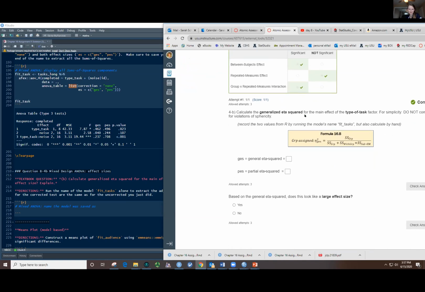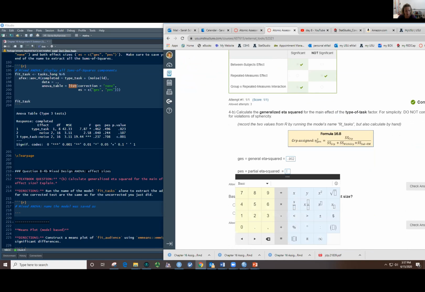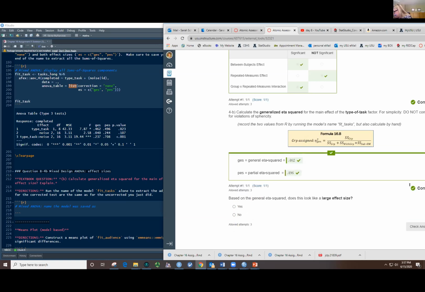Okay, so now we're going to look at the effect size, for the main effect of type of task. What is the generalized effect size? 0.462. Don't anyone push check your answer until I do, because I might only want it to one decimal place. And what's the partial eta squared? 0.496. Oh, it's going to take it.